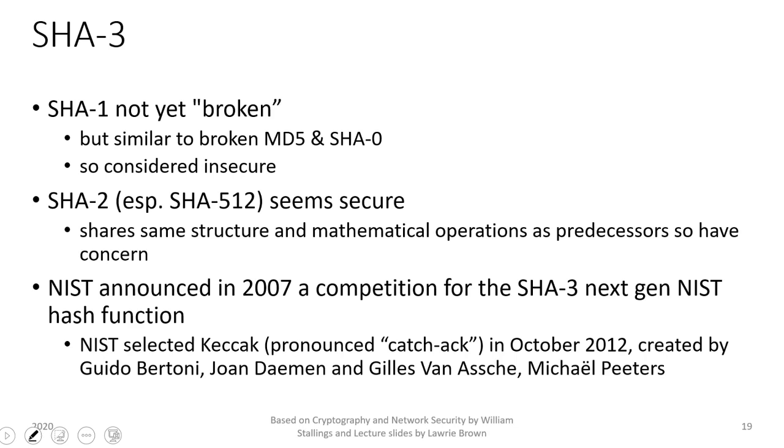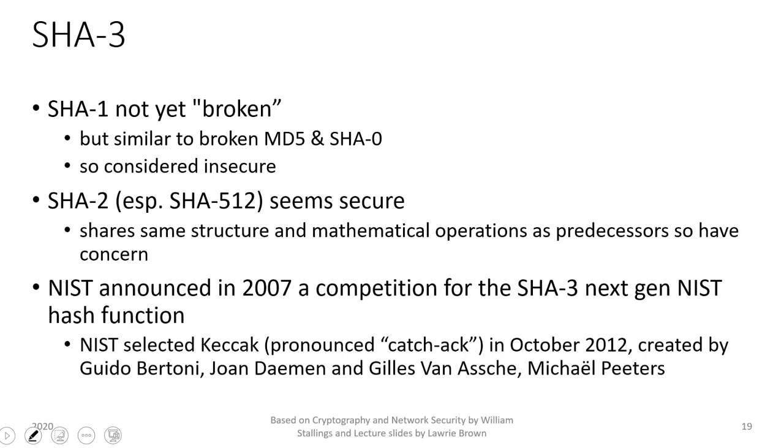SHA-2 or the variants such as SHA-512 are secure, but again they share the same mathematical structures as SHA-1. So again, they can become insecure at some point when technical feasibility catches on.